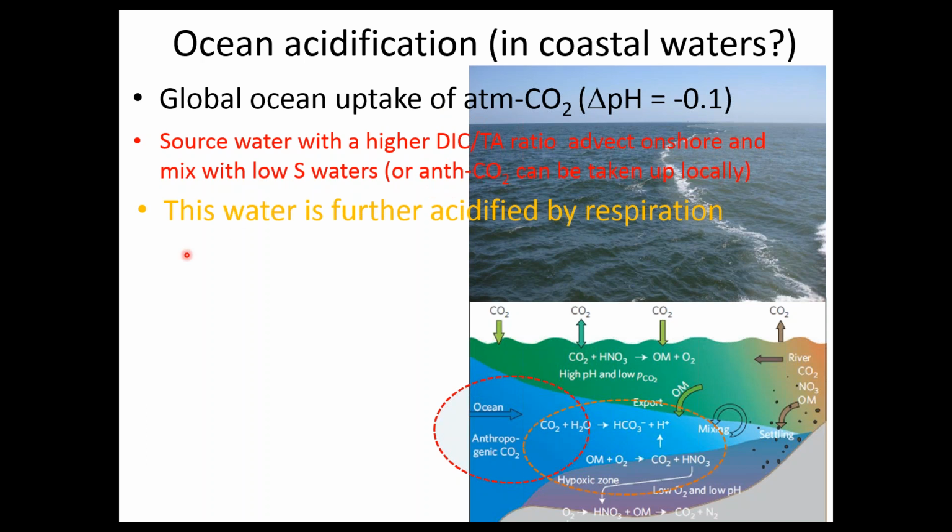And this water is further acidified by respiration, that is, decomposition of organic matter falling from productive surface water, or actually it could be from terrestrial sources or productive salt marsh.